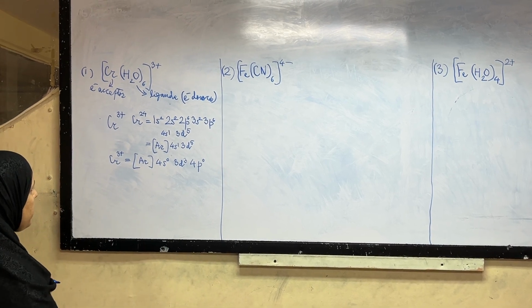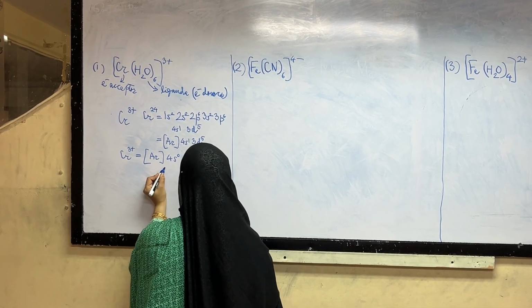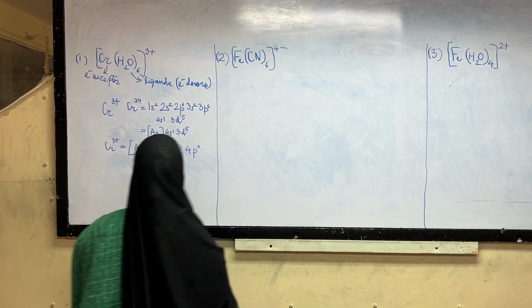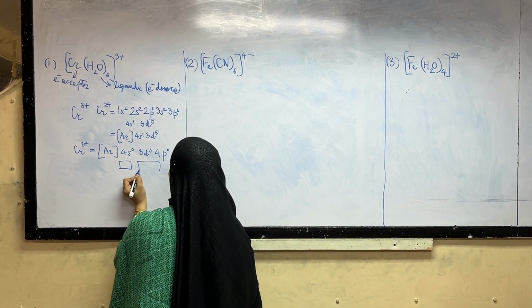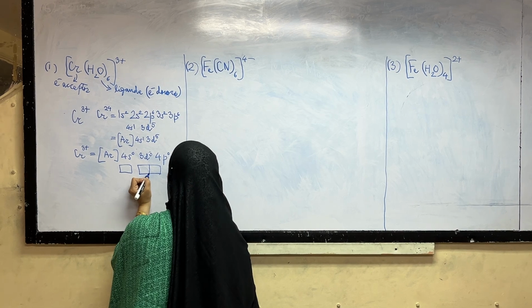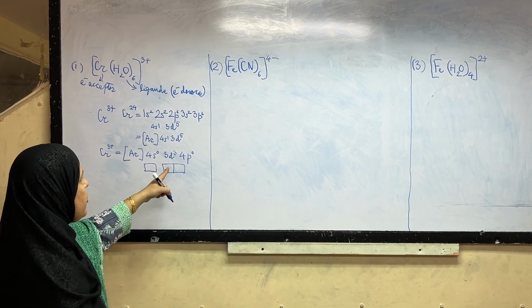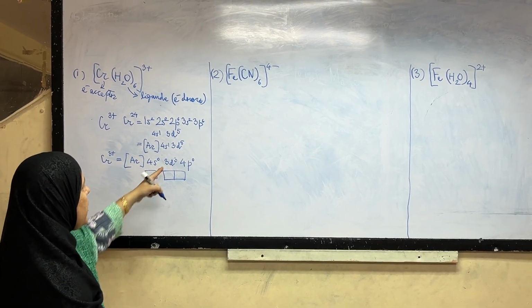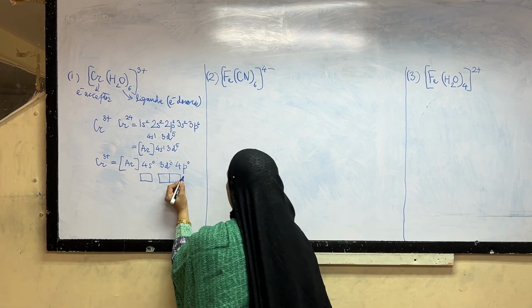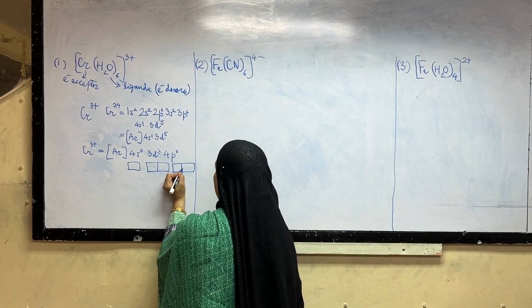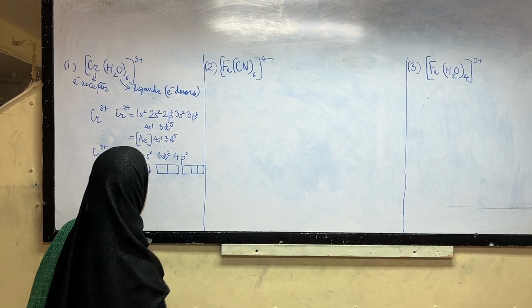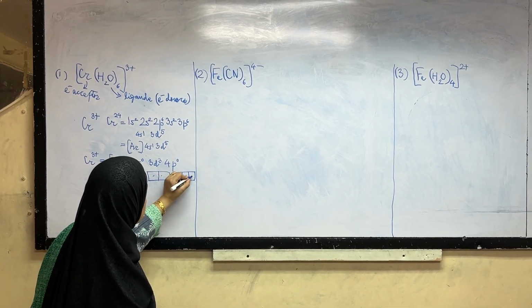So we can see from here that we have one s orbital which is vacant. Then we have 2 3d orbitals which are vacant. 3 of them have an electron and the remaining 2 are vacant. Total number of d orbitals are 5. And we have 3 4p orbitals that are vacant. So altogether we have 6 orbitals.